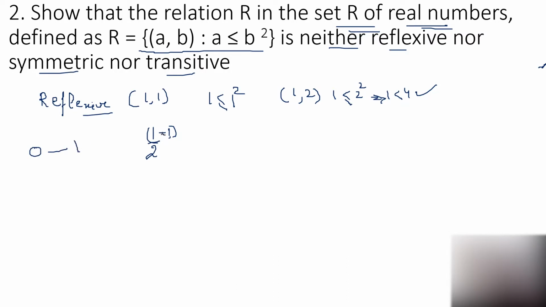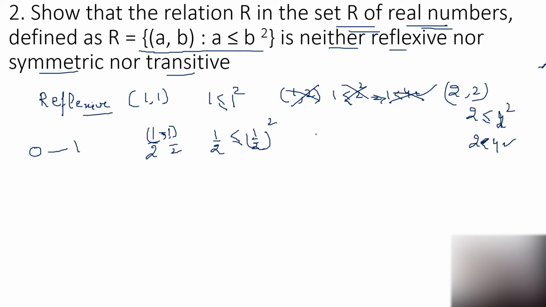So let's consider 1 by 2 and 1 by 2. Let's check whether 1 by 2 is related to itself or not. Is 1 by 2 less than or equal to its square? We were supposed to check (2, 2): 2 is less than or equal to 2 square, so 2 is less than 4, yes, definitely.